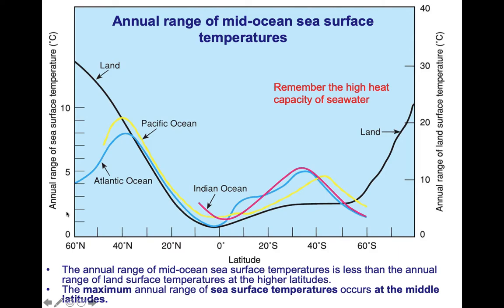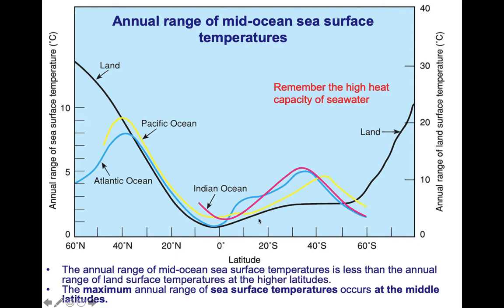This is both for continents and for the oceans. And if you look at the land shown by this black curve, you realize that the annual range of surface temperatures on land are maximum at very high latitudes.